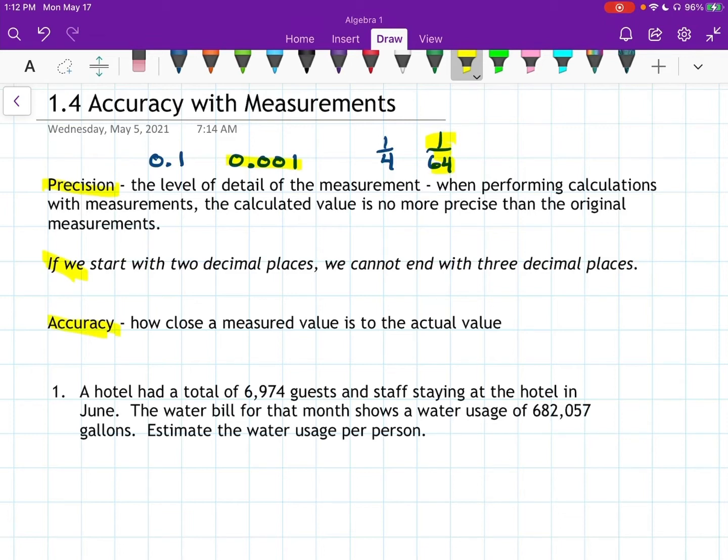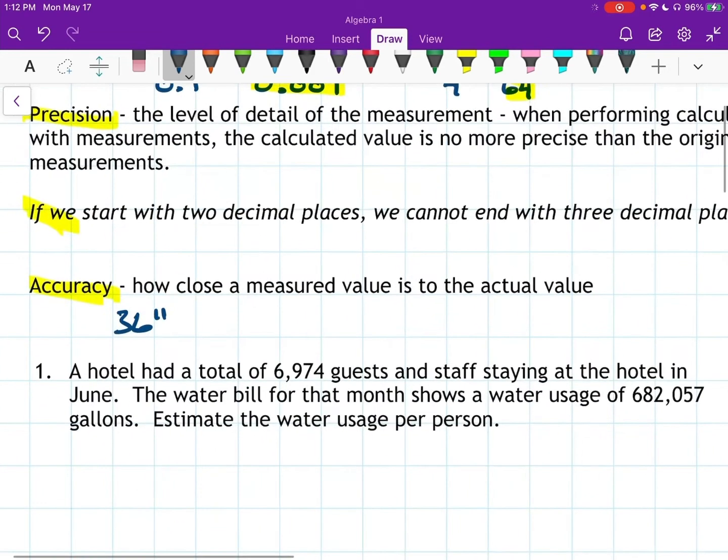Another way to think about this would be, how about I buy a whiteboard from a company and they list it as 36 inches, and they know 100% certain that it is 36 inches wide, right? And then I take my tape measure and I measured it, and my tape measure says that it's 36 and a 16th inch, right?